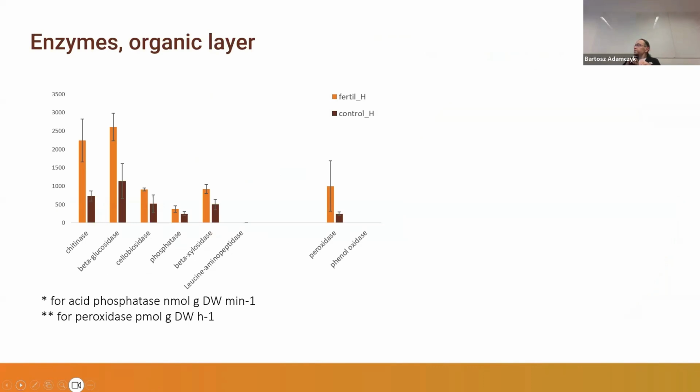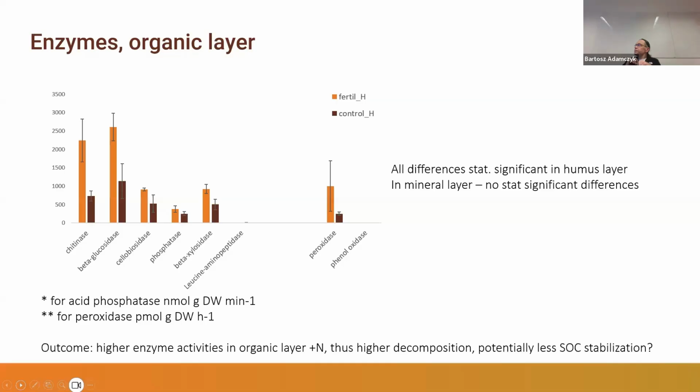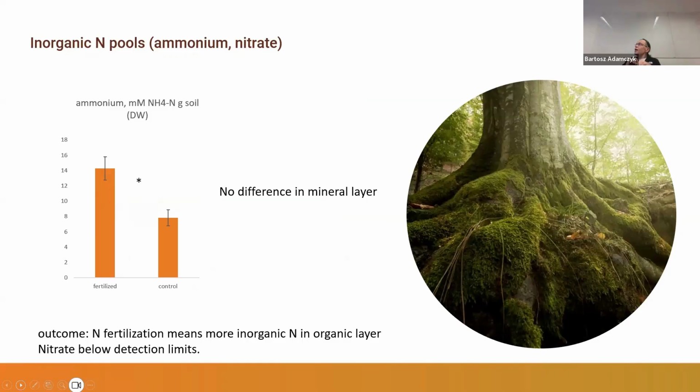Next one. Especially in the organic layer of the soil, less in the mineral layer. Next one. And next one. We've got also a somewhat higher amount of ammonium in the soil after nitrogen fertilization, which is kind of logical. Next one.